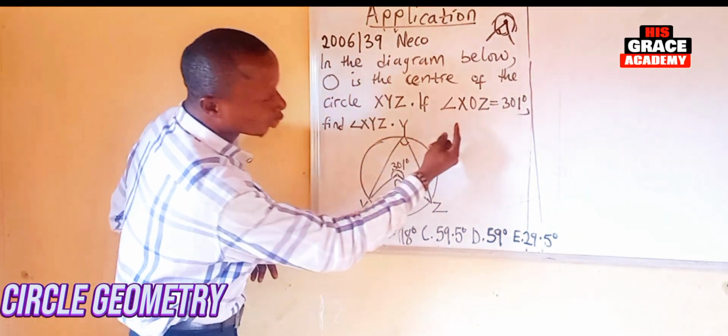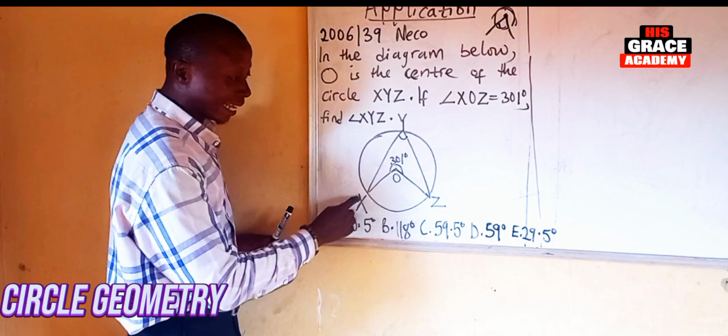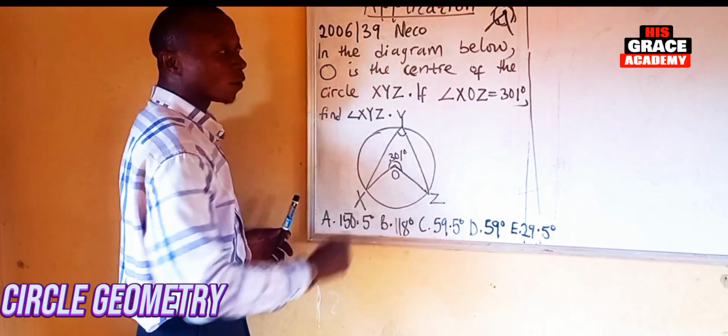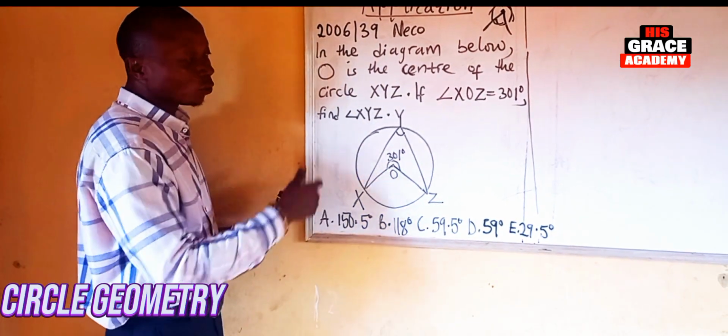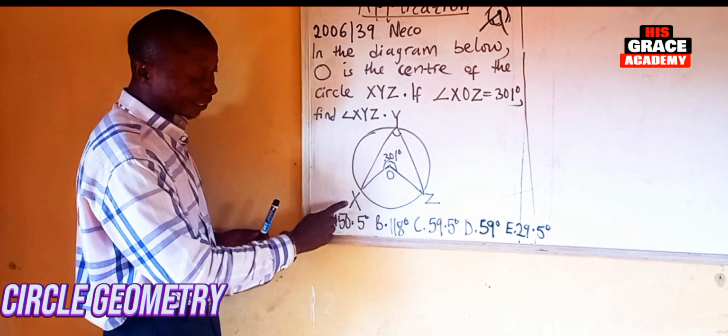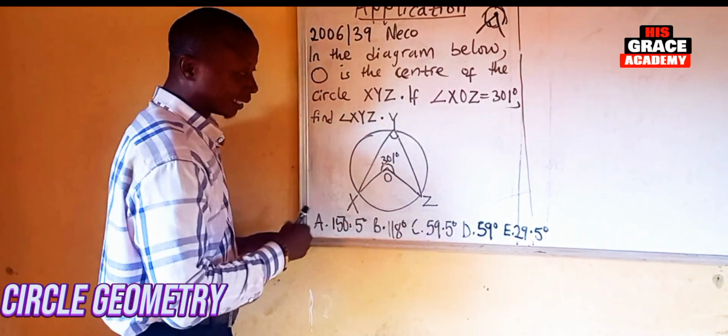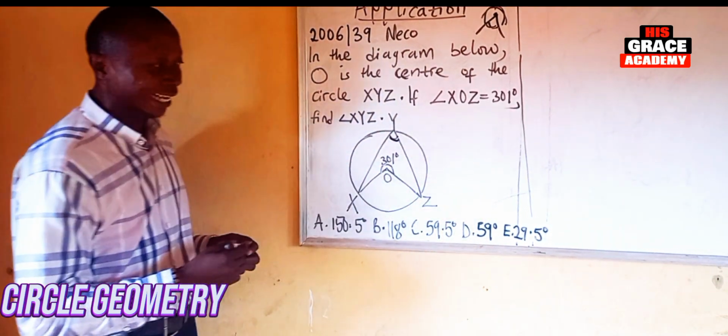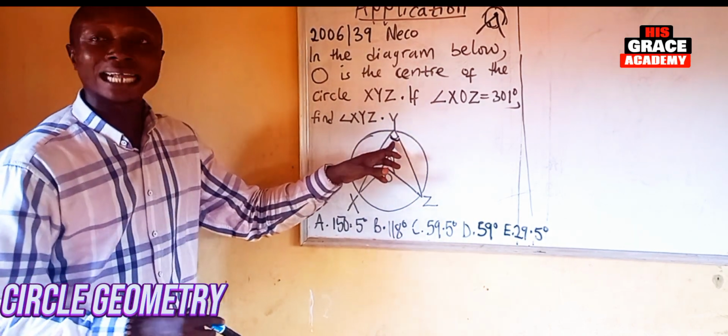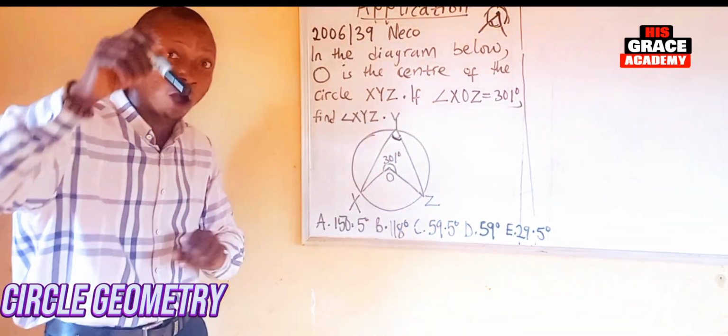So angle SOZ is 301 degrees. Then we have to find angle SYZ, the angle here, and that angle is the angle at the circumference.